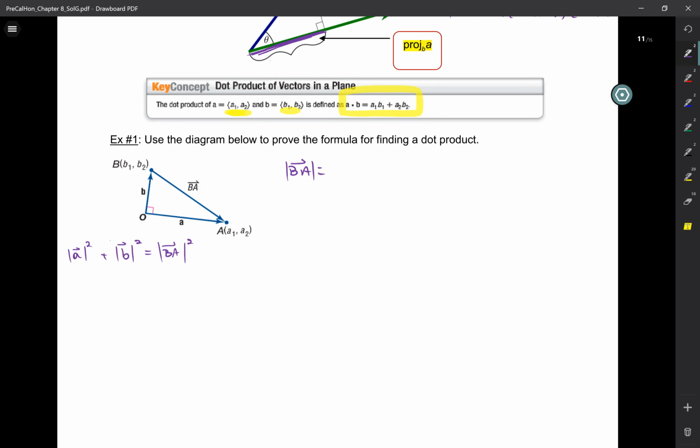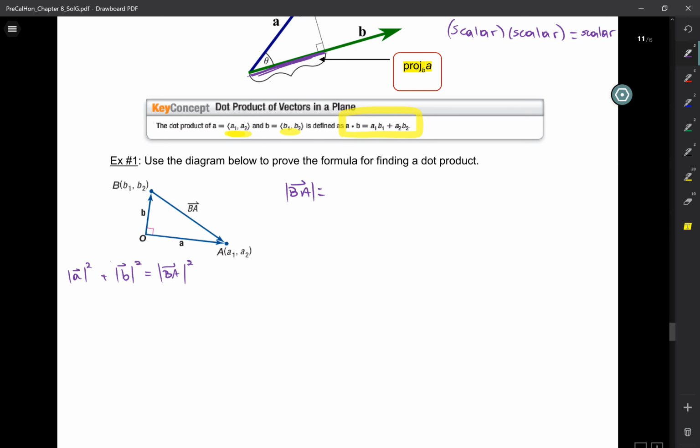Now, how did we find the length of a vector? So if I have a vector AB, and suppose the components of AB are 3, 2, how did we find the magnitude of it? Square root of 3 squared plus 2 squared.